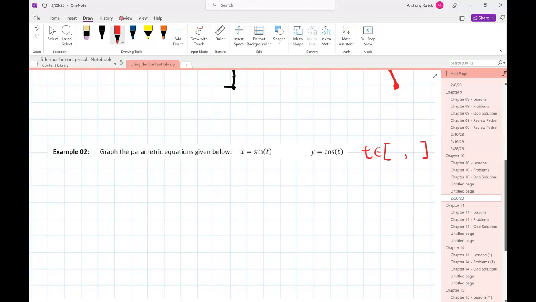No, they repeat, right? How often do they repeat? Every 2 pi, right? So if I go around the unit circle, 2 pi, all the values are just going to repeat over again, right? What about cosine? Same thing. What would be a good interval to graph over then? 2 pi, right?